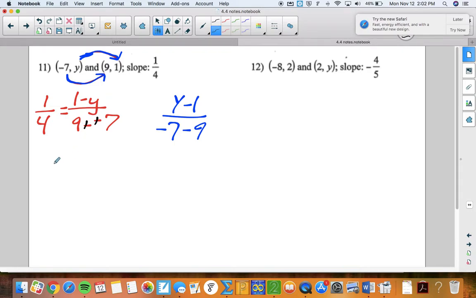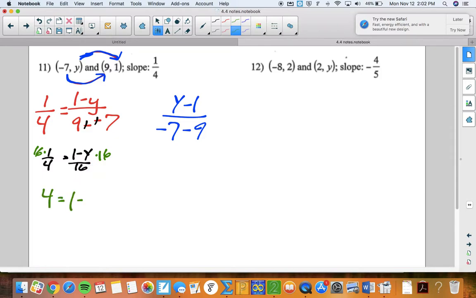So we actually get 16 on the bottom. 1/4 equals 1 minus y over 16. So we're going to multiply by 16 on each side. So on the left side, we get 16 times 1, which is 16, divided by 4 is 4.